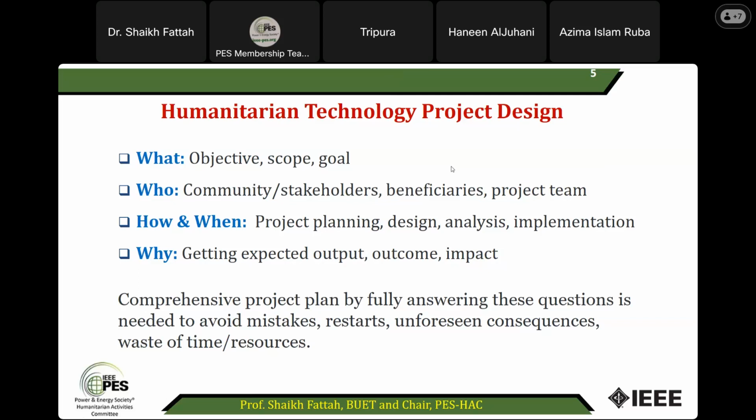So this is the picture that will tell you what the steps are. Your steps depend on these answers. You have to be very specific about the objective of this particular project.